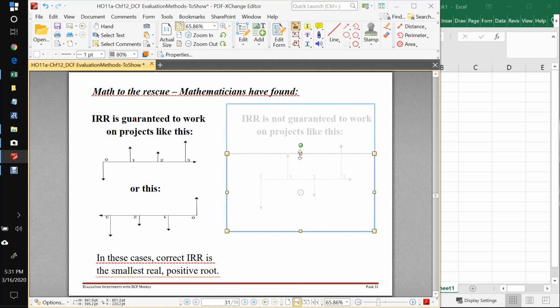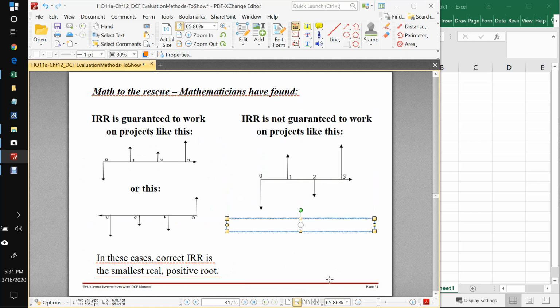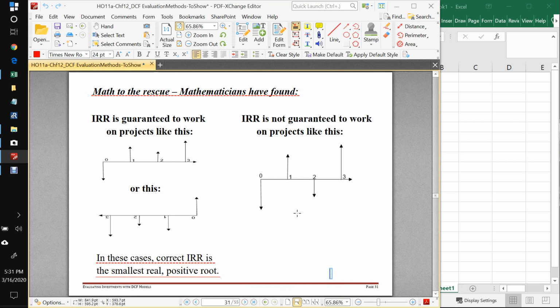However, important to note, IRR is not guaranteed to work on projects like this, where in general we have a negative cash flow, positive cash flow, negative, positive. If we have positive and negative cash flows out in the future, it's not guaranteed to work.